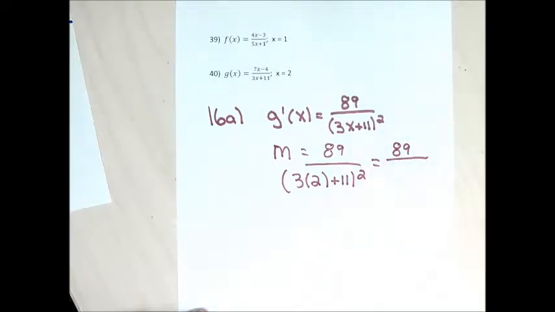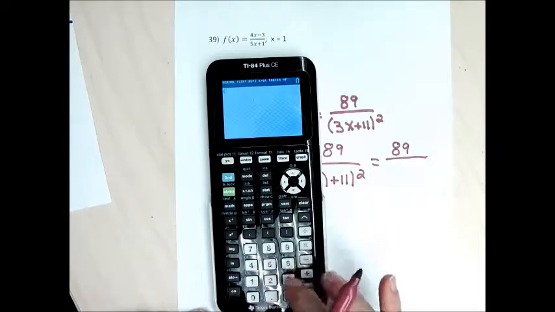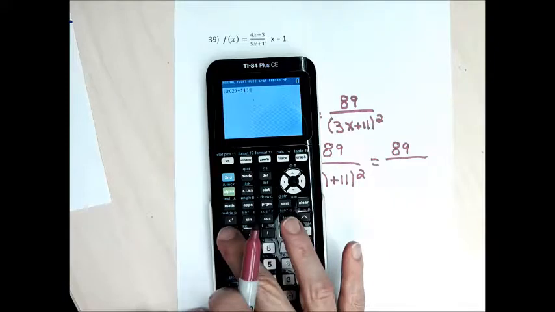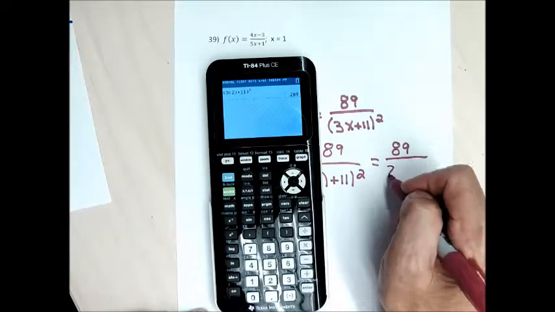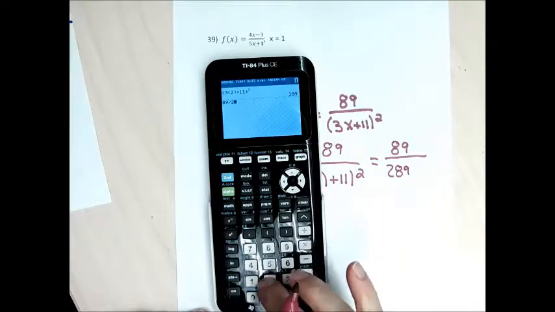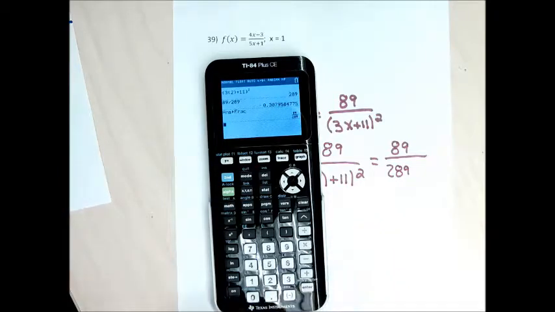So let me figure out what that denominator is. I don't want to do any of the math by hand now because I think I'm going to mess up. So the denominator is 3 times 2 plus 11 squared. It's 289. I don't think that fraction reduces. 89 divided by 289. Yeah, it doesn't reduce.